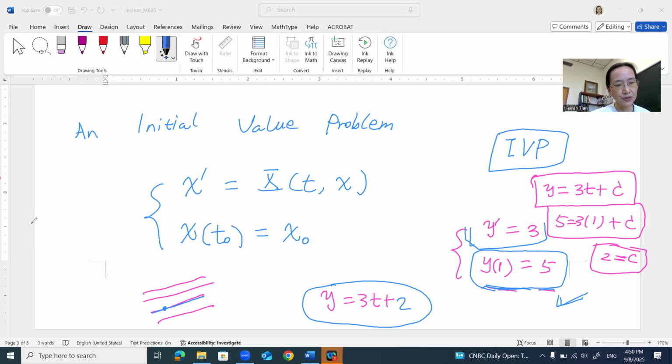So the initial value problem is good because sometimes we can have a unique solution to that problem. Now, even if you have an initial value problem, that does not guarantee us to always have a unique solution. But with appropriate properties for this problem, it's possible we can have a well-posed problem and uniqueness of a solution, etc.